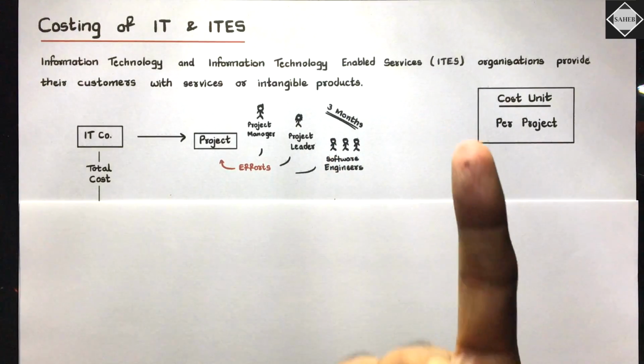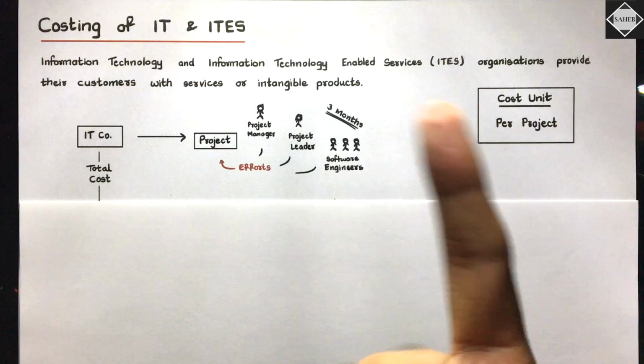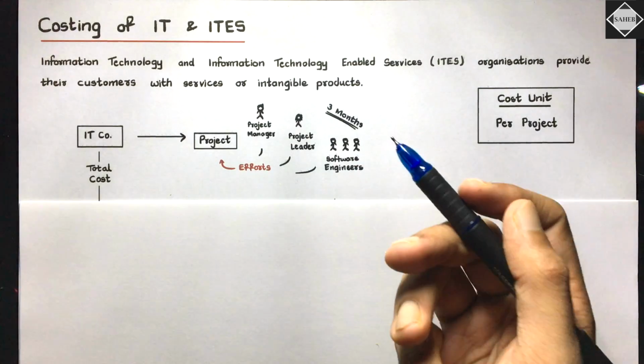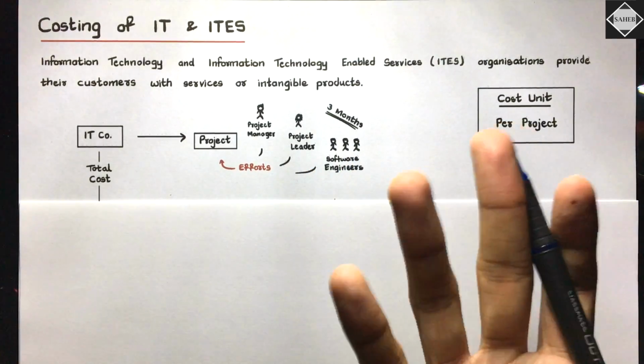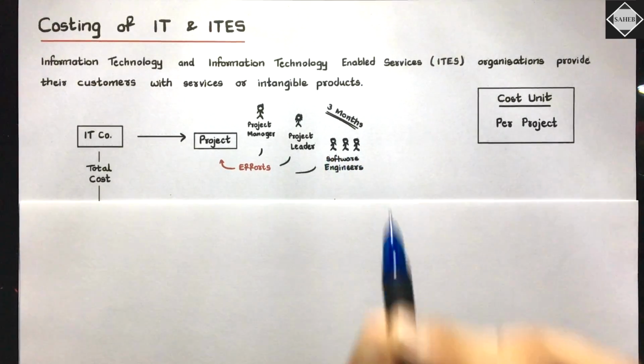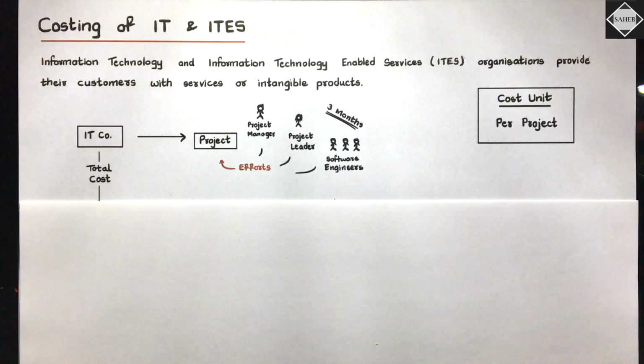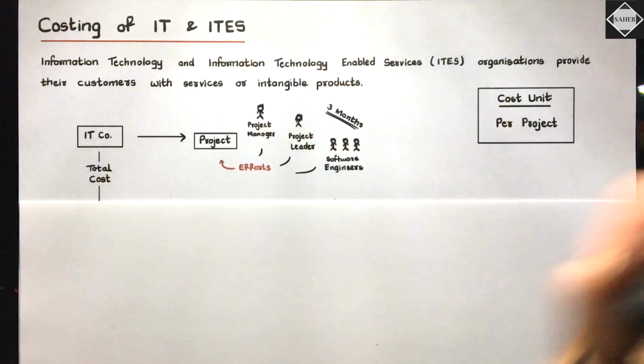That is the salary cost for one person. But if there are 3 people, then 90,000 into 3 is 2,70,000. So the software engineer salary cost on this project will be 2,70,000. Is it clear? Directly it's identifiable.